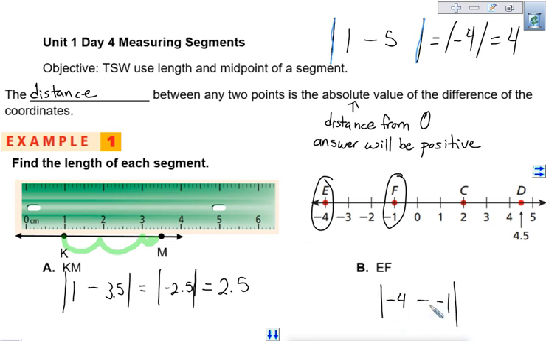So negative 4 minus a negative 1, remember a minus a negative changes to positive. So negative 4 plus 1 is a negative 3, but we're taking the absolute value of that. So our length or our distance is 3. So again, if you haven't noticed, I've been saying distance is the same thing as length.